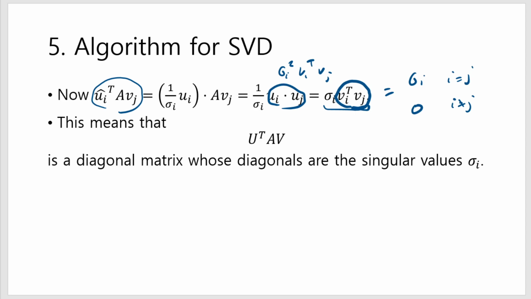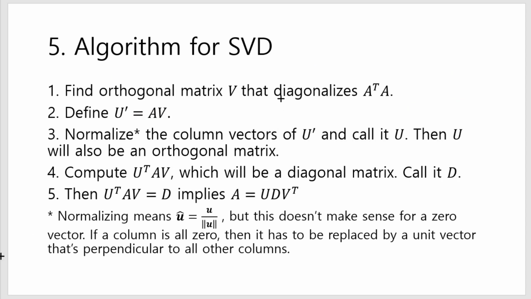So in summary, here is the algorithm that we found. First, diagonalize A transpose A. Define the matrix U prime as AV, so you define ui as Avi, and then normalize this. You build the new matrix U made up of these normalized column vectors.